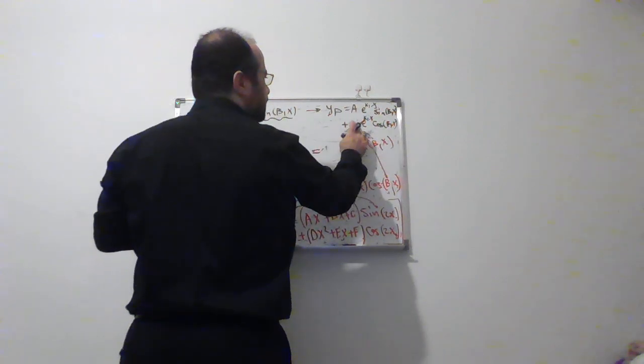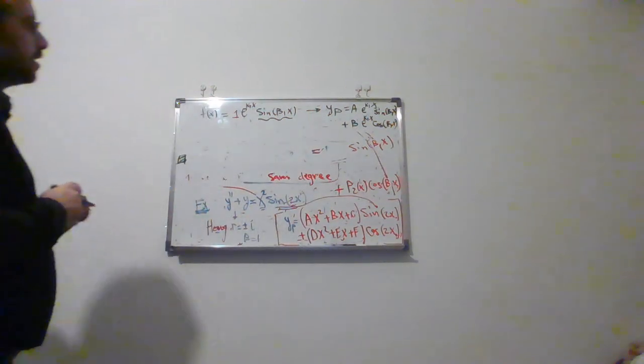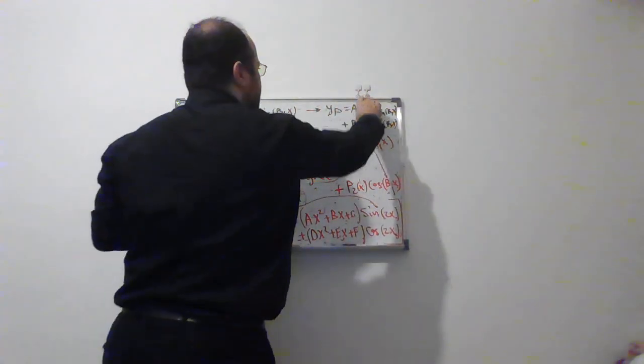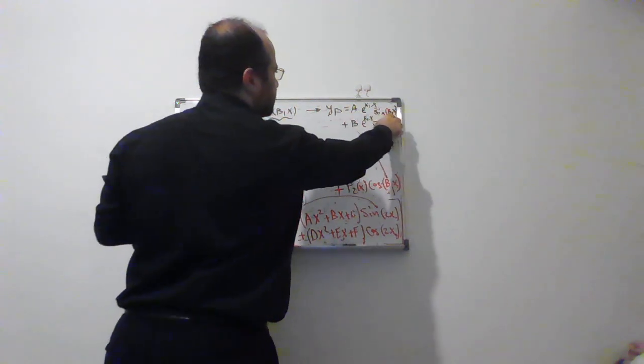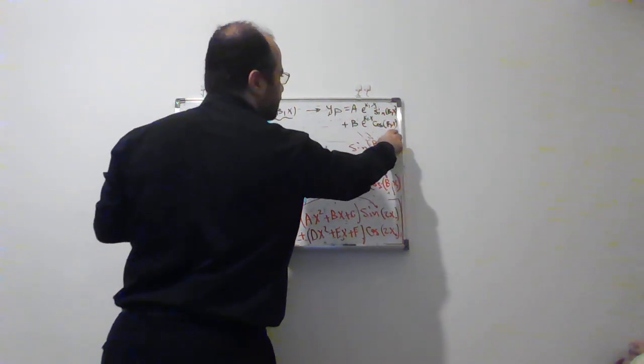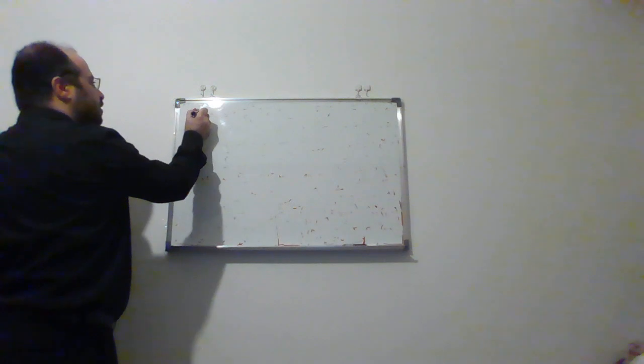And here you need another coefficient, so you need b. Take the exponential away: a sine beta1 x plus b cosine beta1 x, then multiply by that exponential. So this, we are now in 4.5.